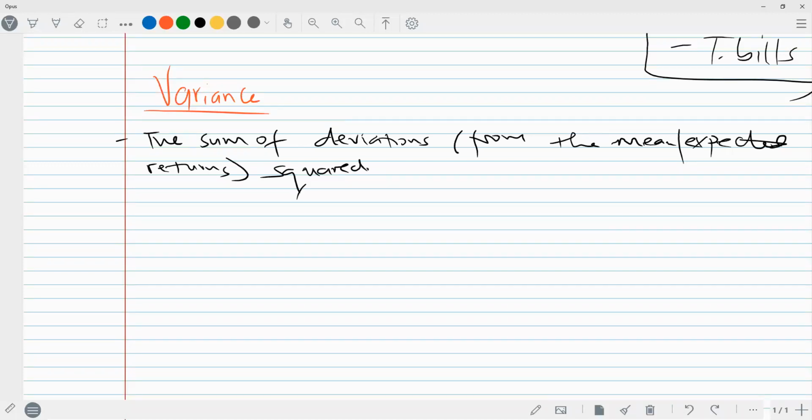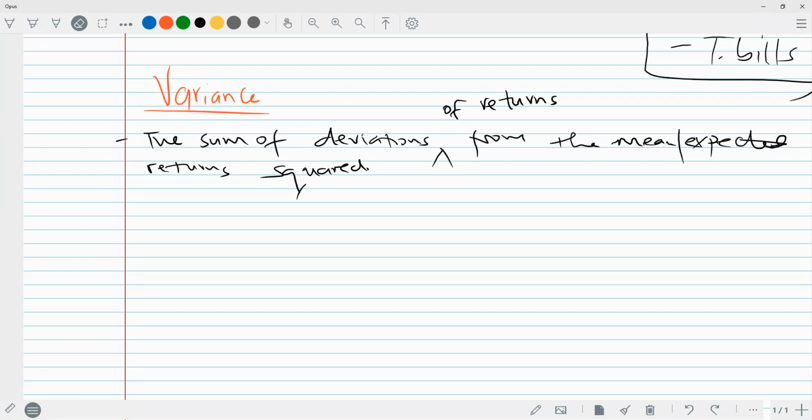The sum of deviation of returns from the mean or the expected return, squared. Yes, that should be the way.